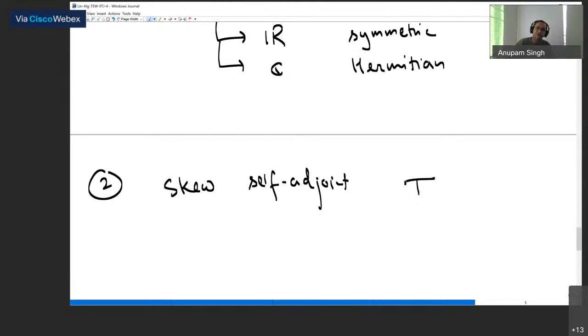These are those operators for which T is minus T star. This includes the example of skew symmetric when we are working over R, and over complex numbers, what you might call skew Hermitian.